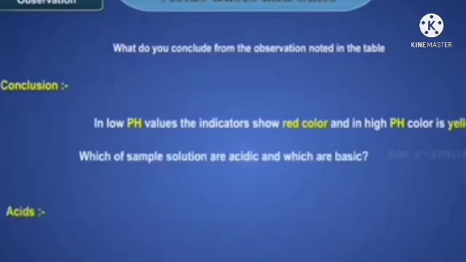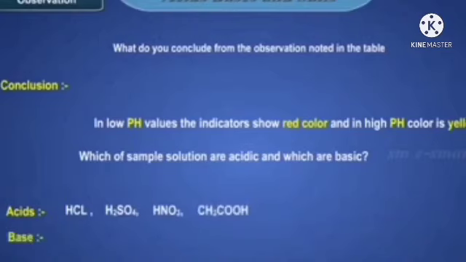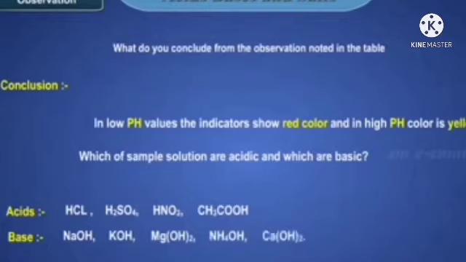Acids: HCl, H2SO4, HNO3, CH3COOH, that is hydrochloric acid, sulfuric acid, nitric acid, acetic acid. Bases are sodium hydroxide, potassium hydroxide, magnesium hydroxide and ammonium hydroxide.